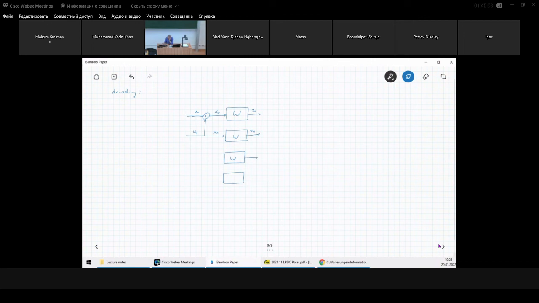Understand what is going on here. Get some more outputs, Y2. It's the same structure here at the input. X2, X3, U3.